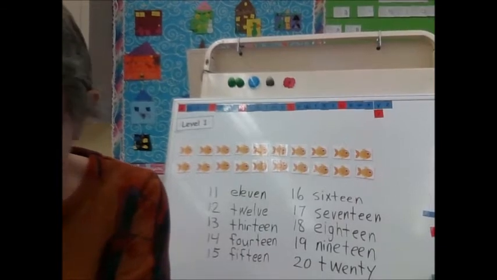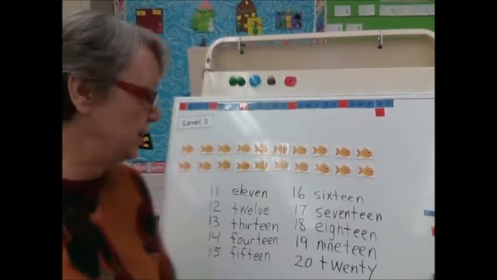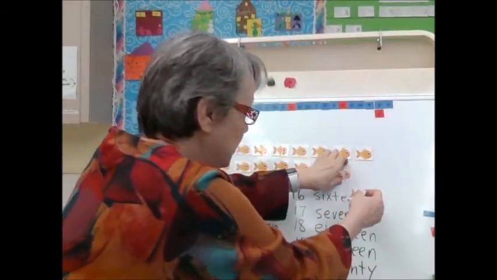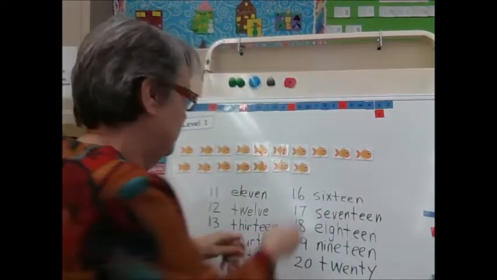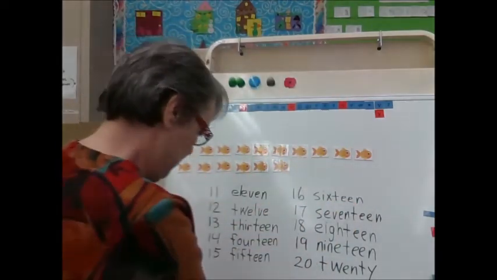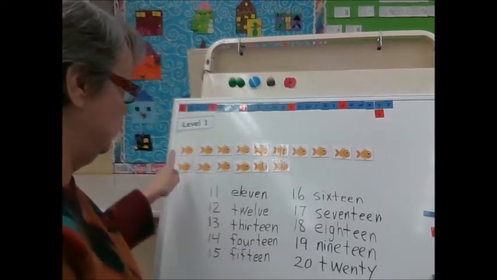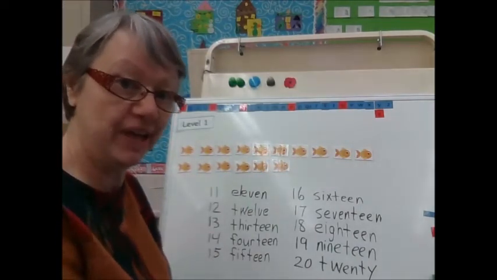But what you need to notice is that if I take away some fish, okay, and then count on from 10, because I know that this top row has 10, right? It already has 10.